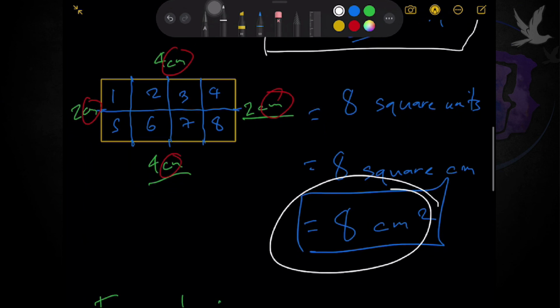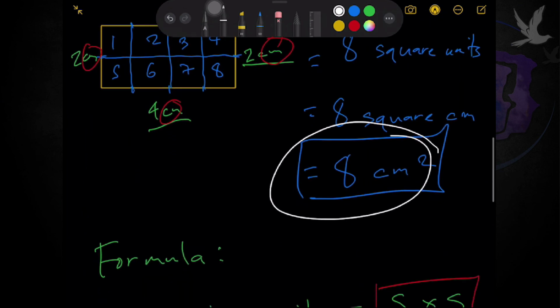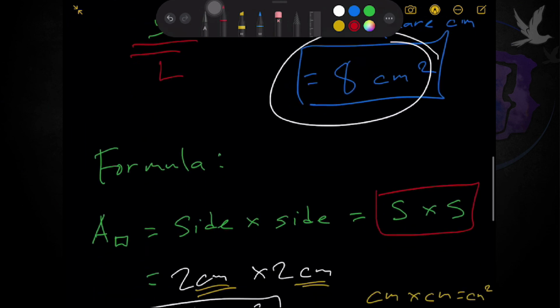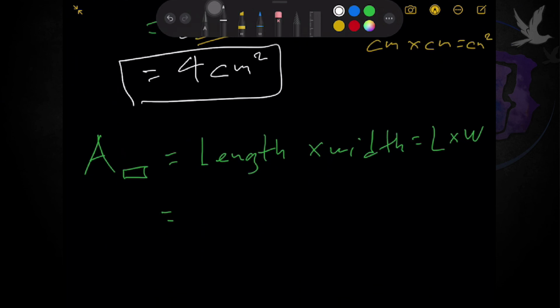We have our length and width. Our length, then again, if you have not watched my video about perimeter, please do watch that first. So we have our length here, we have our width here. Our length is 4 and our width is 2. So that's equivalent to 4 centimeters multiplied to our width, which is 2 centimeters.